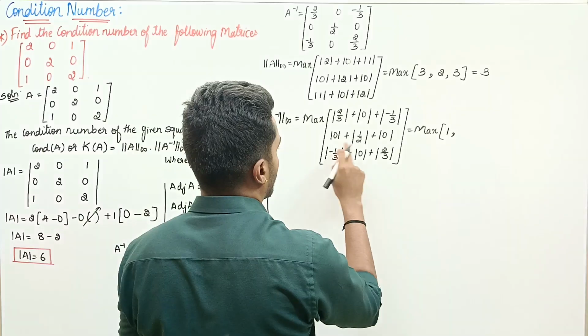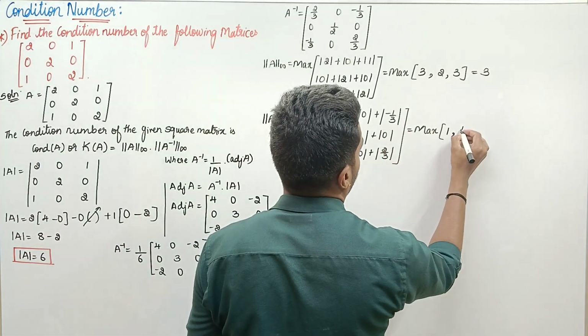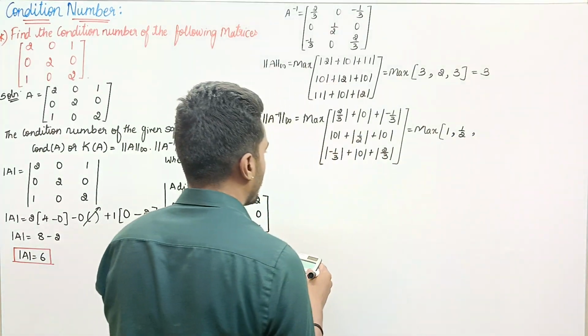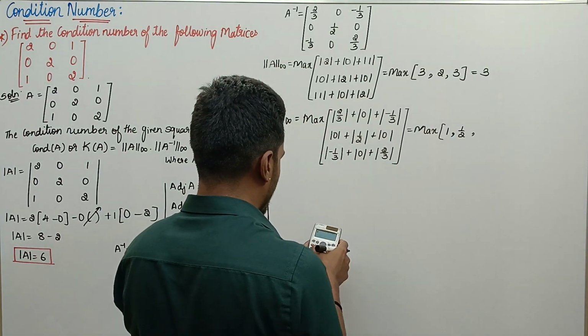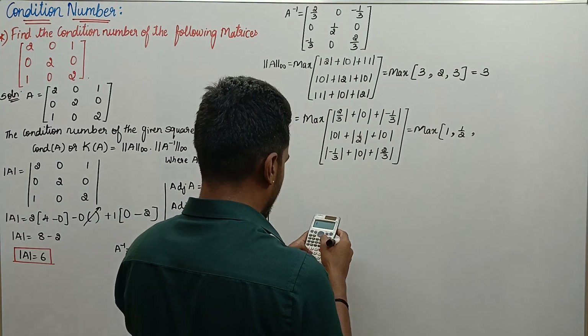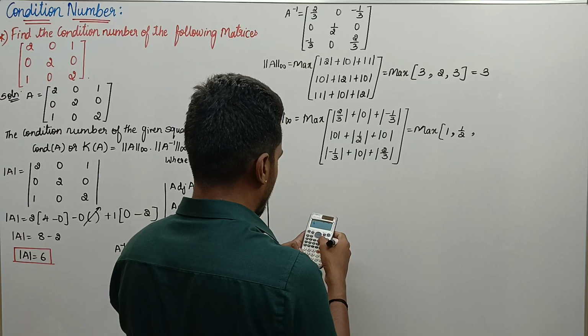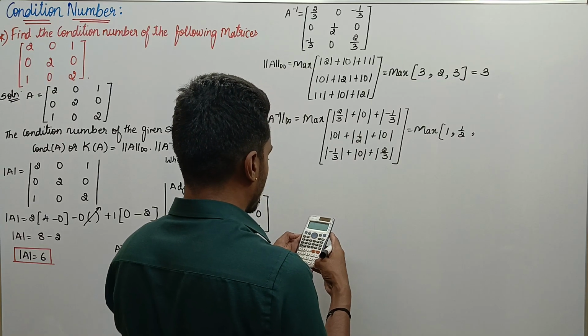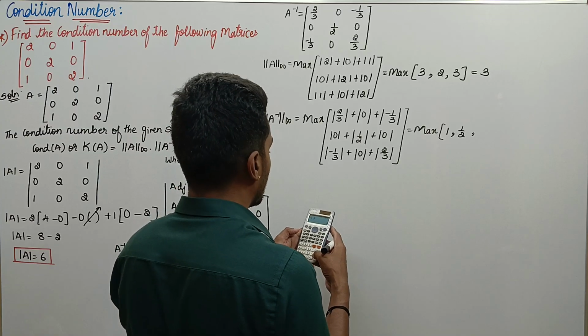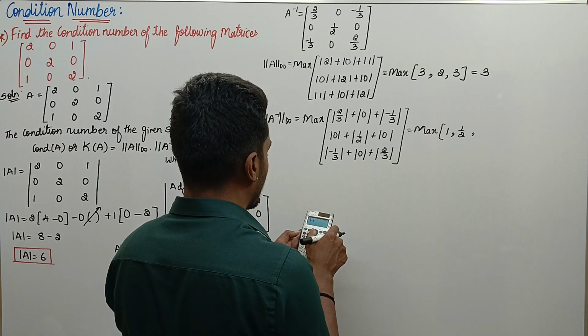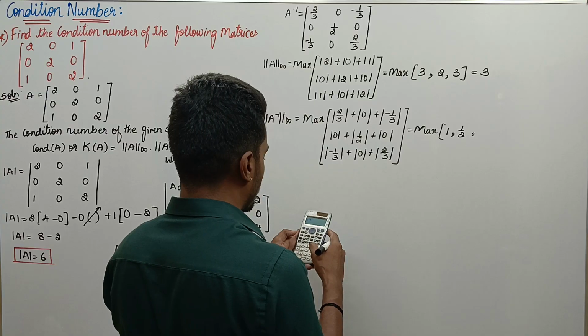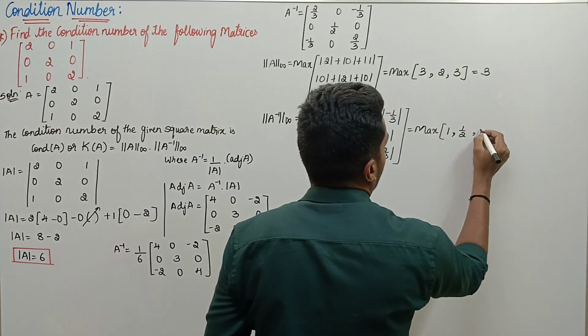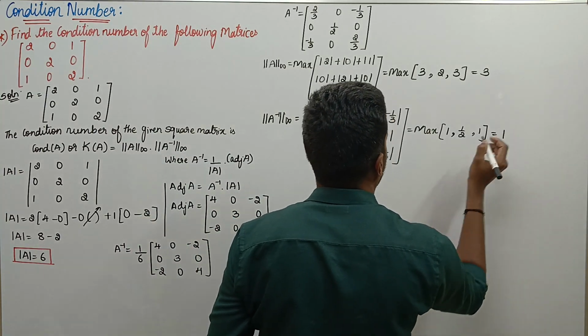Next 0 plus 1 by 2 plus 0, 1 by 2. Next we have minus 1 divided by 3 plus 2 divided by 3, you get, not okay, minus becomes plus, always remember minus becomes plus, you get 1, which is the maximum number, 1.